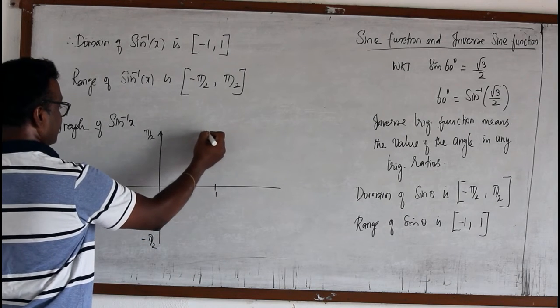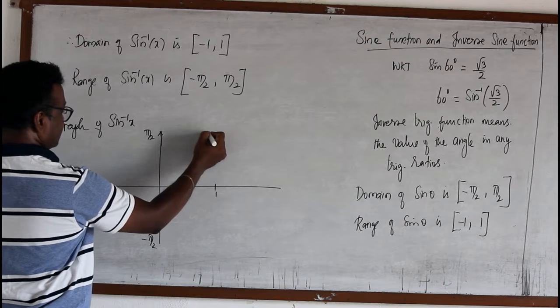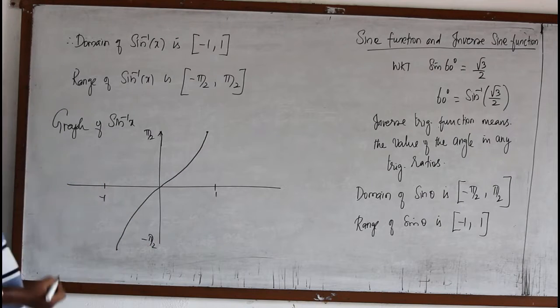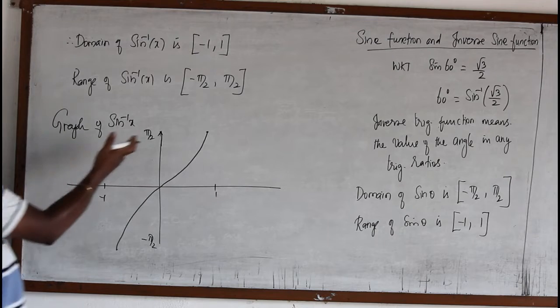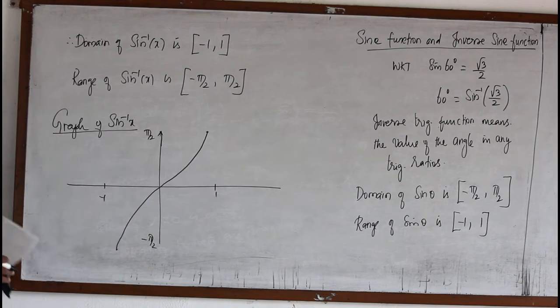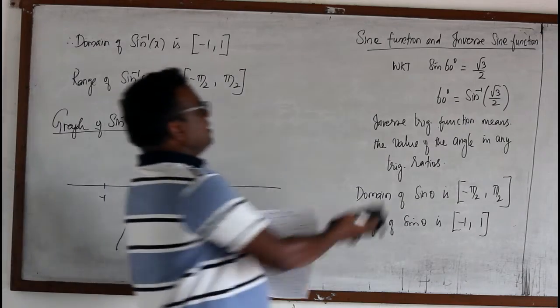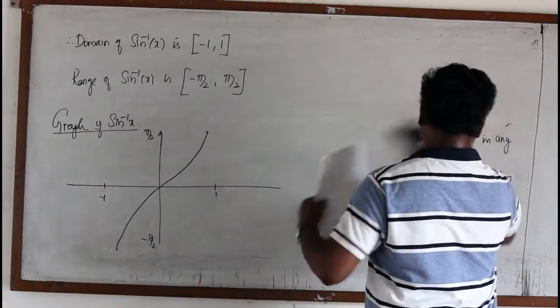It attains 0 in the middle and the minimum value is minus 1. This is the graph of sine inverse of x. With these ideas, we shall go for some problems on this exercise.